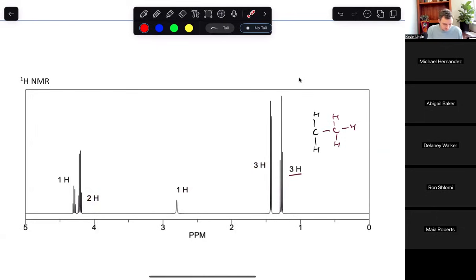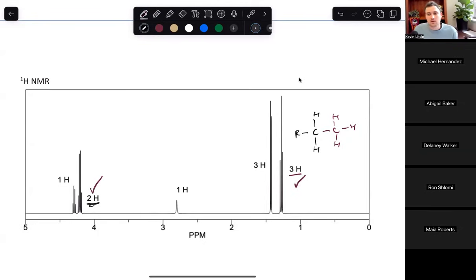So this has to be these black hydrogens. They have three neighbors, so there's no additional neighbors here. So I've checked off these two peaks. They're done. My goal is to account for every single peak on the NMR in as few chunks as I can, pairing them together as much as I can.